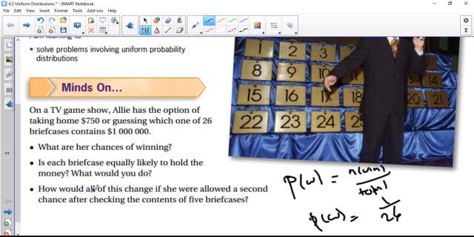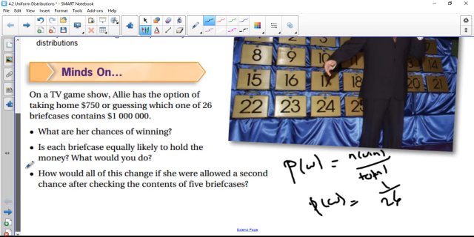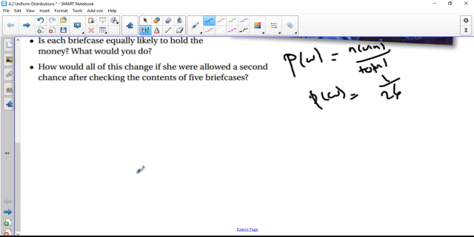And then how would this change if she were allowed a second chance after checking the contents of 5 briefcases? Well, if she looks at the contents of 5 briefcases, clearly if one of those is the winner, then that would be easy. She would just pick that one. But if she looks at 5 and they're not the winner, that's going to reduce our total from 26.